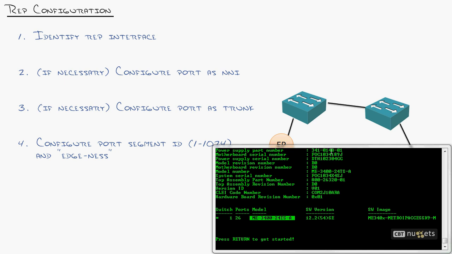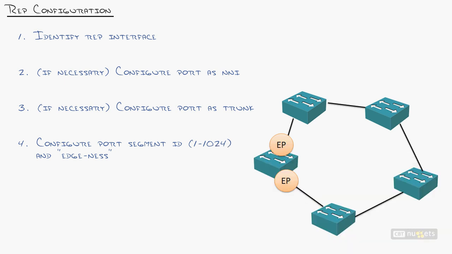Now over here on the screen, let me just hide this for a moment. You can see that number one, we're going to identify which interface we're going to configure as REP. Now this is administratively, like we look at the switch and we go, that's the guy, he's going to be configured as REP. If necessary, configure the port as an NNI port, and I'll show you the running config of the switch in a moment, so we can verify that. If necessary, configure the port as a trunk.